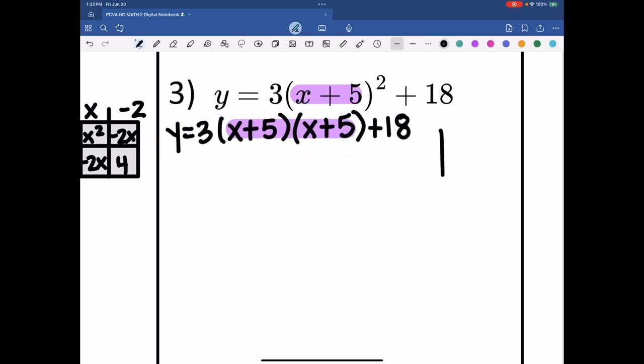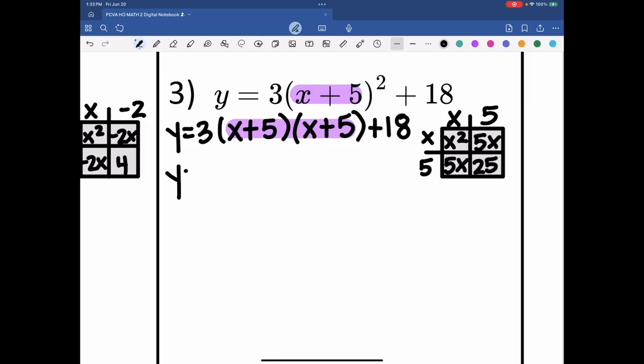Once we multiply those together, we'll distribute just like before and combine like terms, the same exact process. So we have a positive x and a positive 5, x and 5. That's going to be x squared, 5x, 5x, and 25.